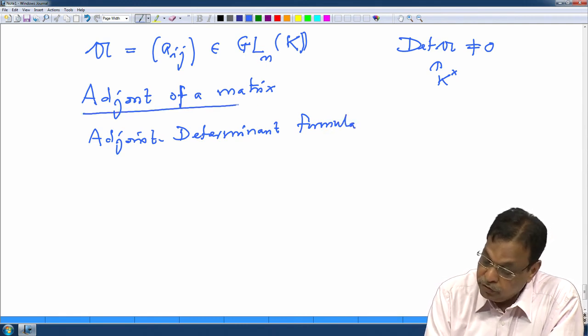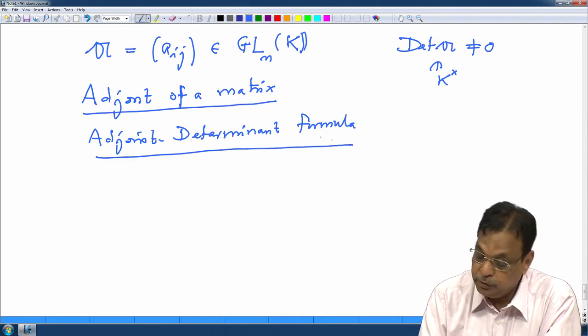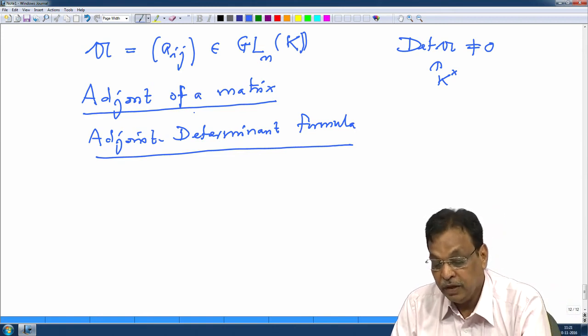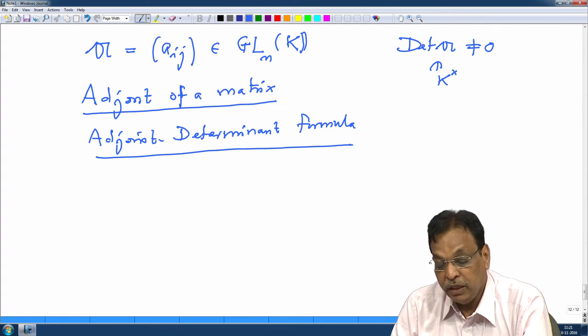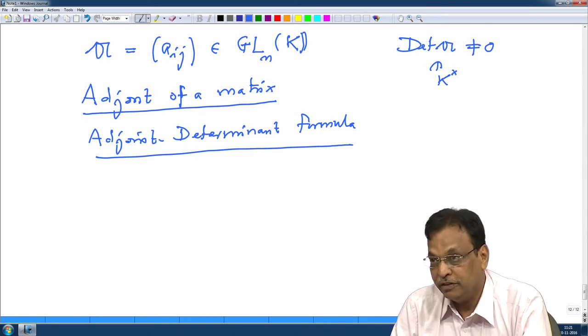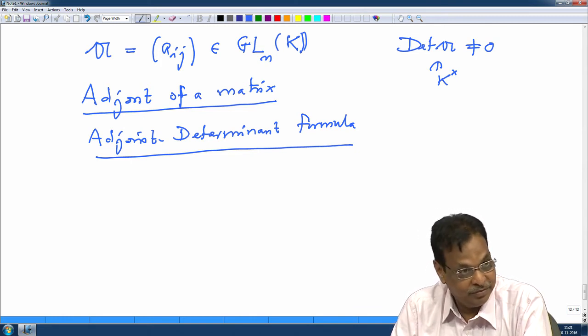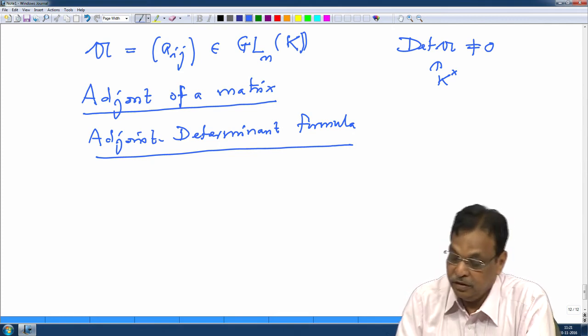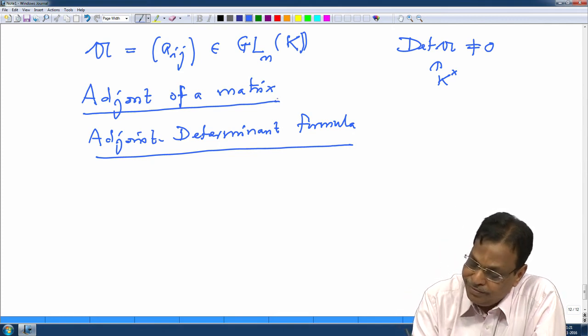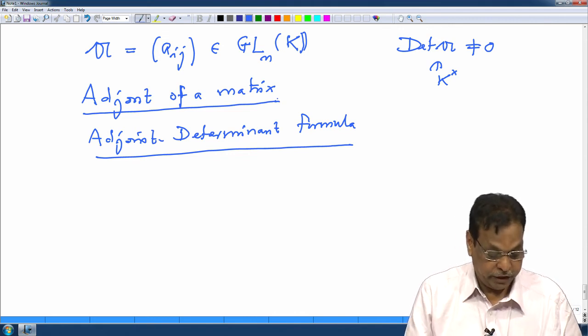So, these two topics: first I will spend some time to define the adjoint and then prove the adjoint determinant formula. Actually, it would not be a bad idea to do it like what we did for functions or for linear maps first, and then prove the formulas for that, but I will do it this time with coordinates.